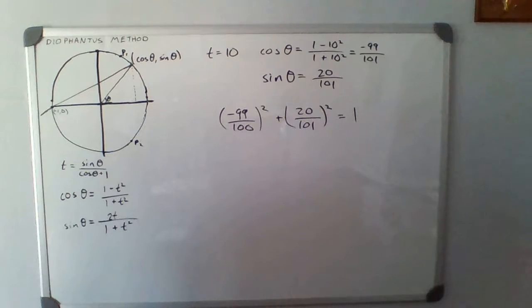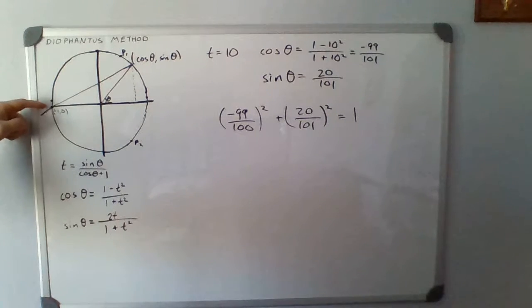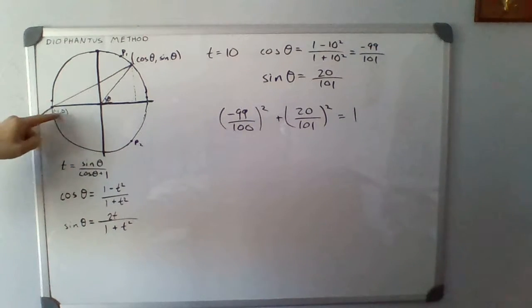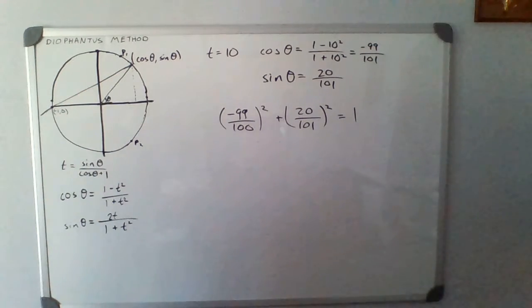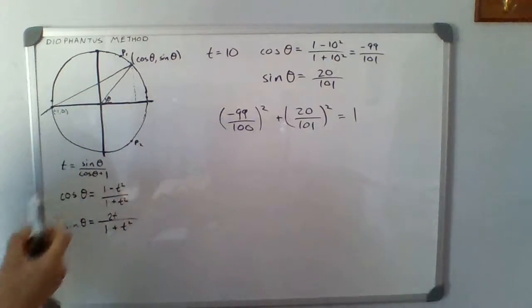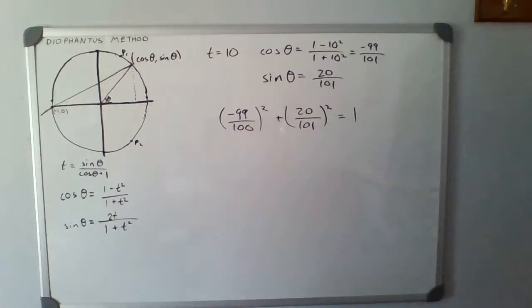I'll probably redo that video later, but we don't have a t value that gives us negative 1, 0 as coordinate points. But any of the other points we can get using this parameter method.